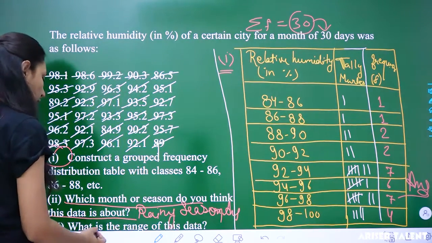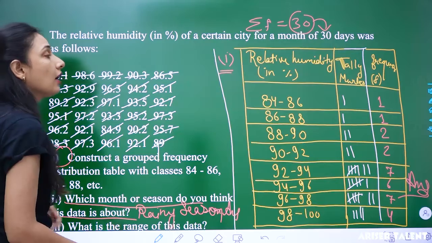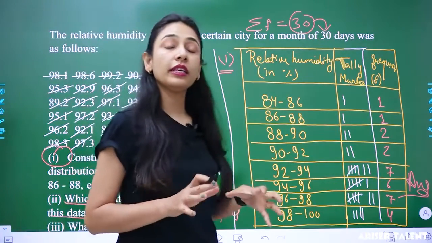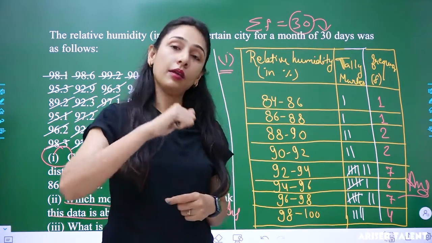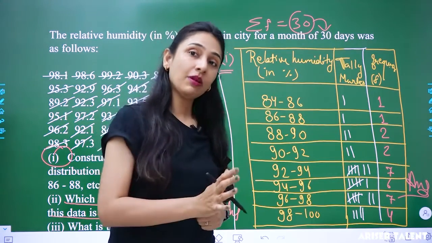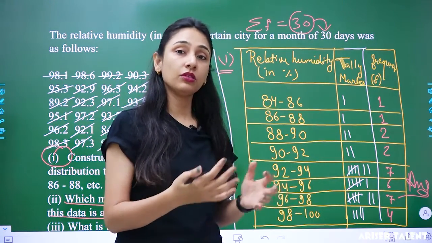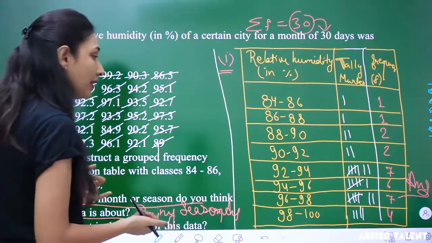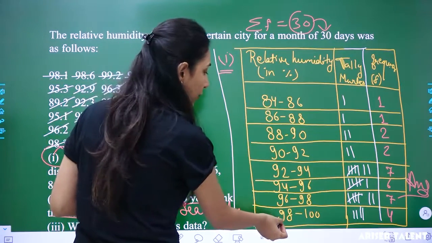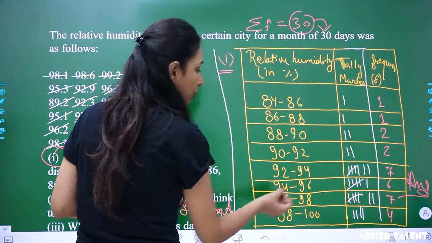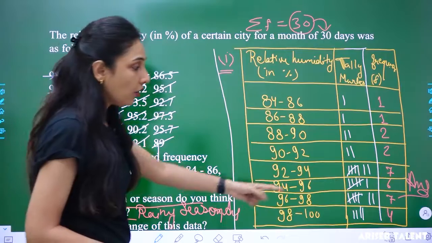Now we'll talk about the range of this data. I've told you the range of the data is the difference between the minimum and maximum values. The maximum value will be from 98 to 100, where we have 4 values.